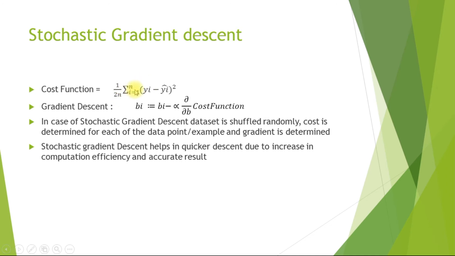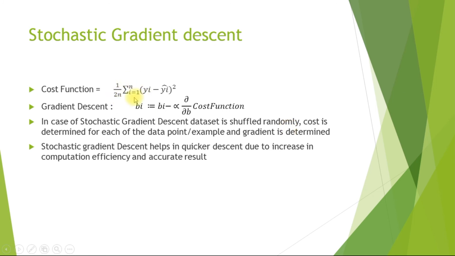But we have another kind of gradient descent, that is stochastic gradient descent. In stochastic gradient descent, the data set is shuffled randomly. Cost is determined for each data point and not for all the data points. That means the summation is ignored. For each data point, the cost is determined and the gradient is determined, so we don't have any summation here.